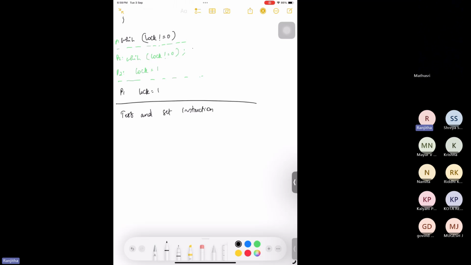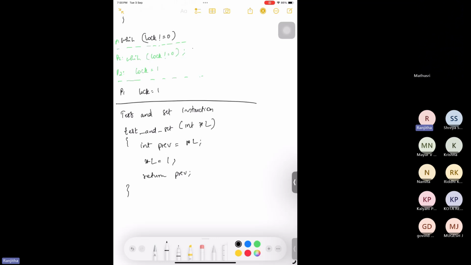If you write it in C, test and set: we have a memory location, and whatever is there in that memory location is copied to a variable. Then we copy 1 to that memory location, and then we return the earlier value, whatever was there in the memory location. This is what the test and set instruction does.